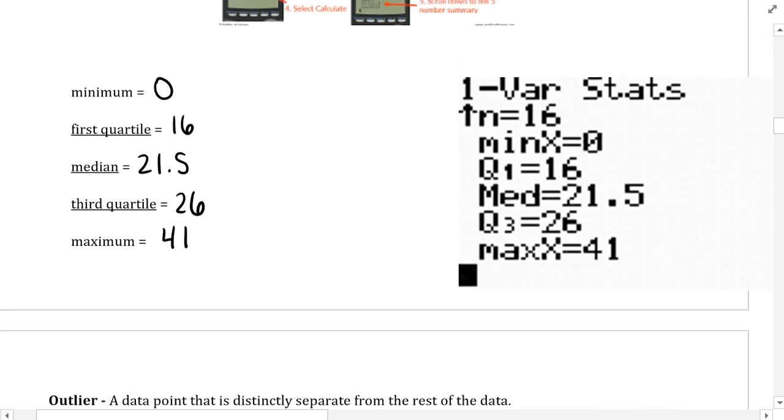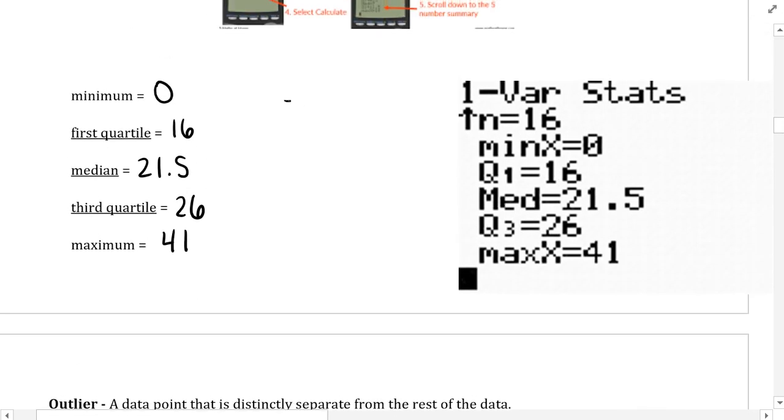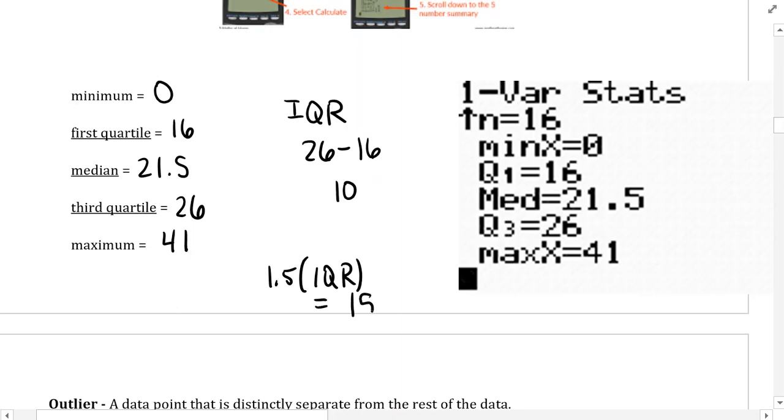Now, let's figure out our IQR here. Our interquartile range is going to be the third quartile minus the first quartile, which is 26 minus 16, which is 10. If I do 1.5 times that value, that's going to be 15.